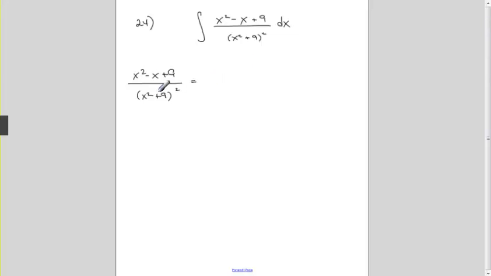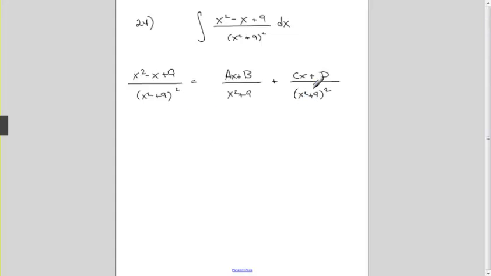Because it's a quadratic term, we have ax plus b divided by the quadratic term by itself. And then we have cx plus d divided by the quadratic term squared. Now this can get fairly long and complicated, so we have to be very careful about not making any mistakes. So make sure you try to concentrate as much as possible.